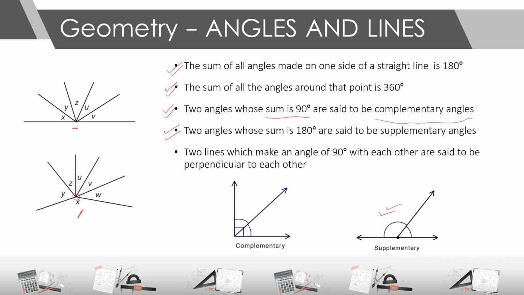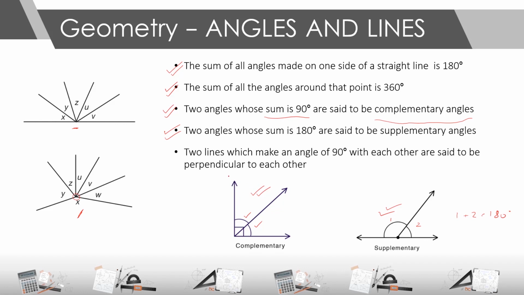In the figure you can see that if the two lines were at 90 degrees and there is some line in the middle, the sum of these two angles is equal to 90 degrees, so these two angles are complementary angles. Here we have the sum as 180 degrees, as we have said that angles on one side of a straight line add up to 180 degrees. So these are supplementary angles.